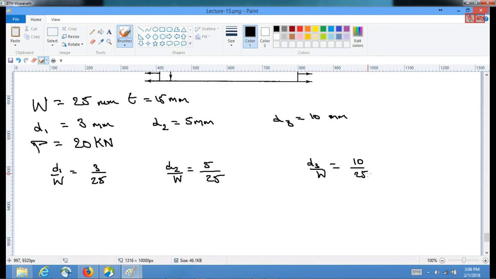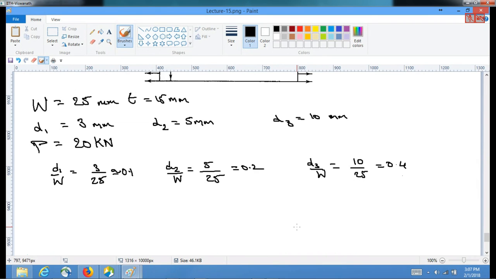So 3 by 25 is approximately 0.12. I will write it as 0.1, and then 5 by 25 is 0.2. It's easier. And 10 by 25 is 0.4.